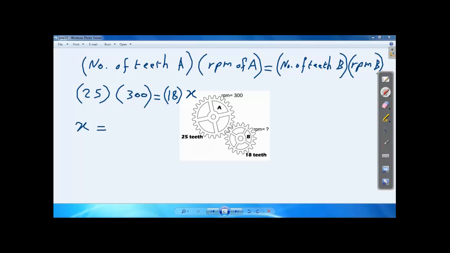So x, the speed of the small gear, is equal to 25 times 300 over 18, which is 416.6 RPM.